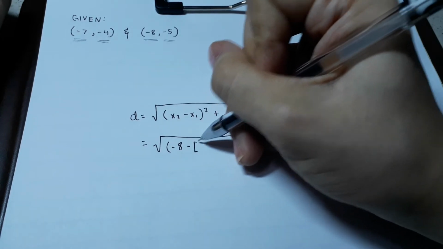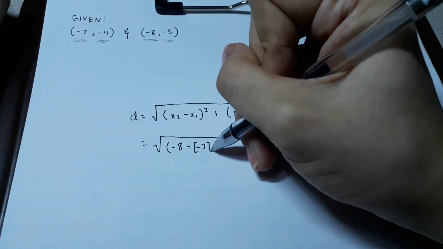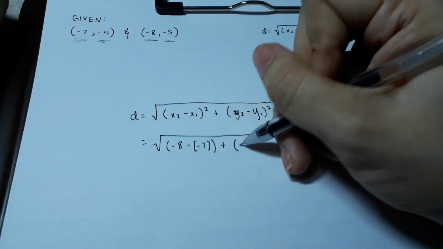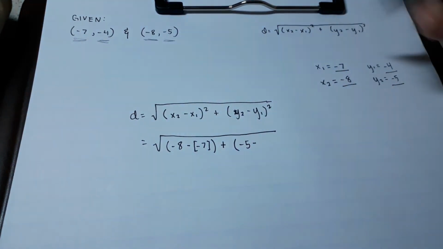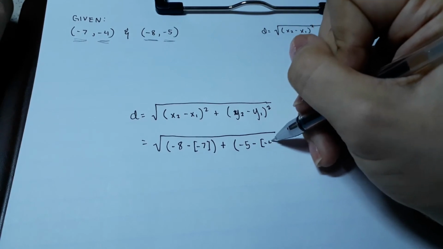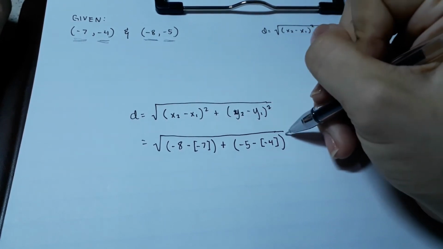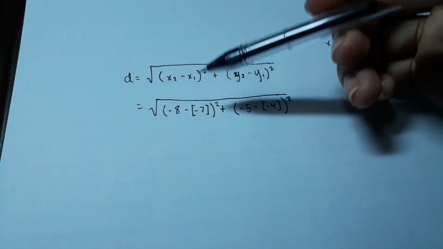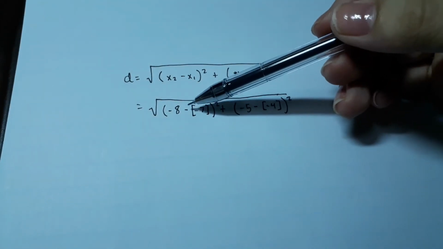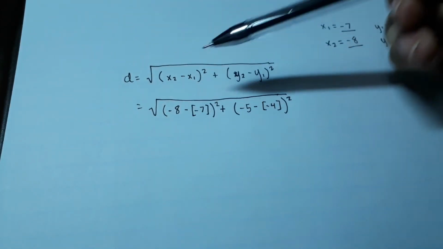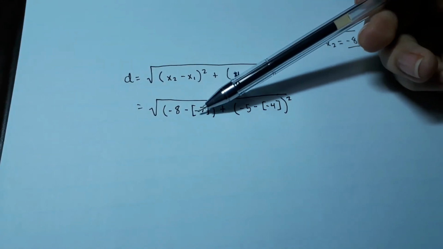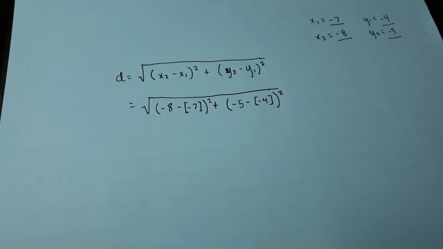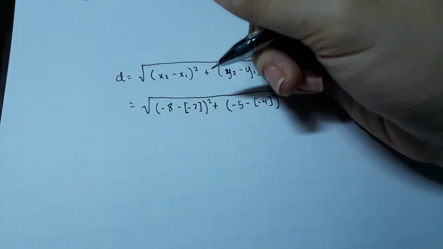So we have negative 7. Y sub 2 is negative 5 minus y sub 1 is negative 4. Don't forget the square. Now as you can see, we both have negative signs, so negative 7 times negative will be equal to positive 7.